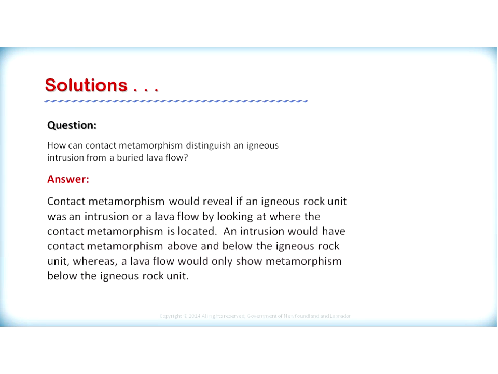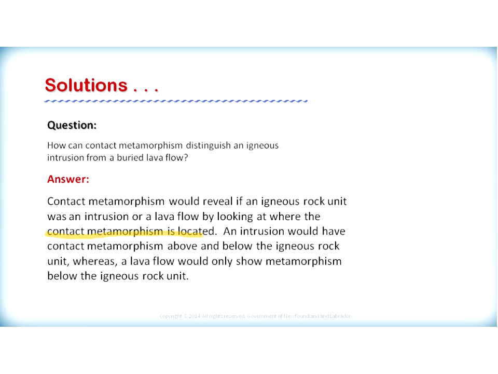If we look at the answer, it reads that contact metamorphism would reveal if an igneous rock unit was an intrusion or lava flow by looking at where the contact metamorphism is located. And this would be the key. The key would be looking for where the contact metamorphism is located.